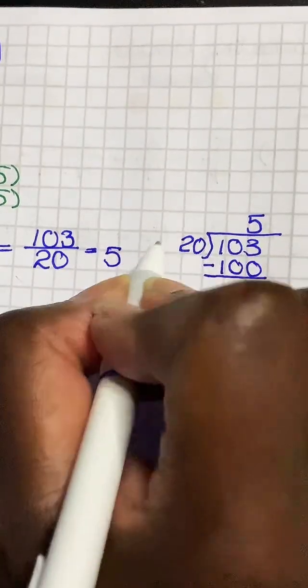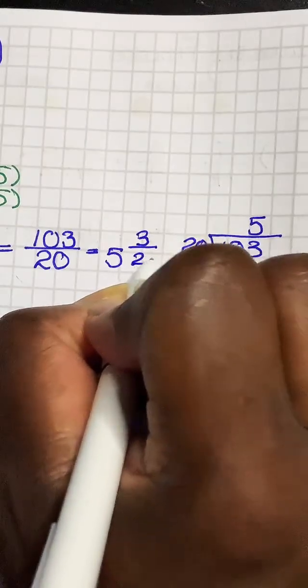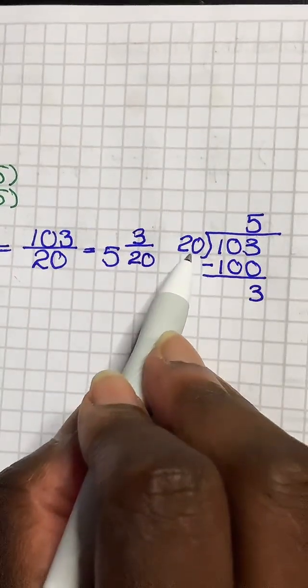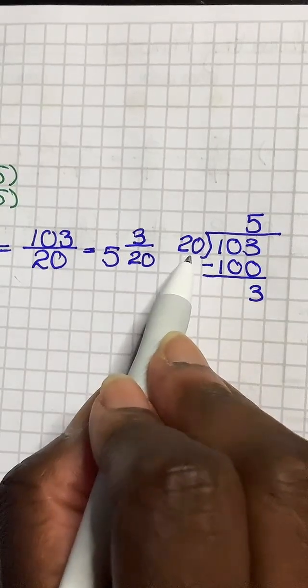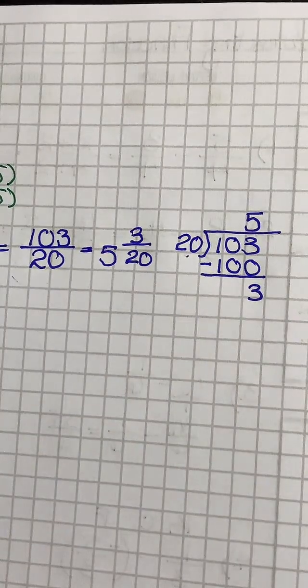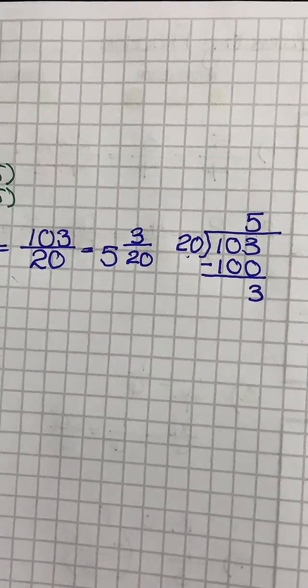So my answer is going to be a whole number of 5 and 3 20ths. It's always a remainder over your divisor. I know that there are some states that like to still use the capital R, but when you take these tests, they won't have a capital R. They're actually going to have a fraction.